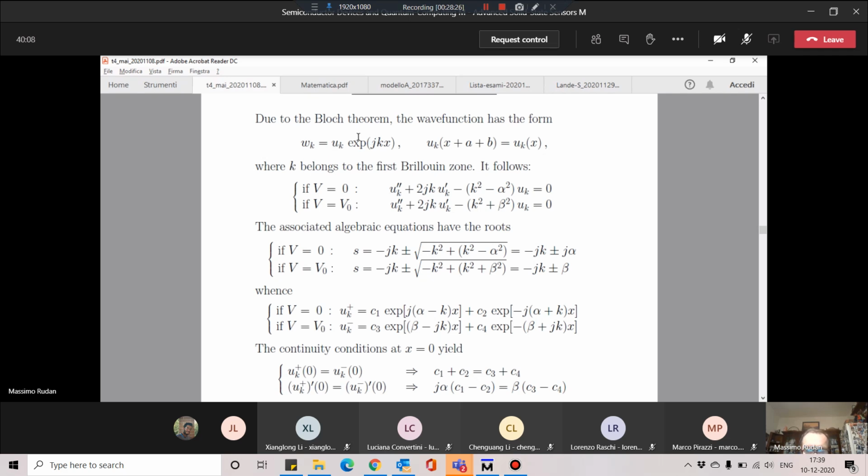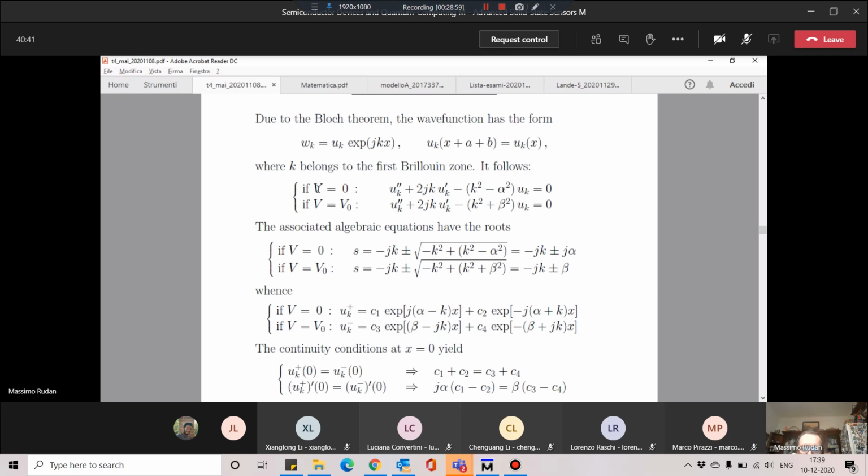Obviously, when we do so, we have a Schrödinger equation in which each term is multiplied by the exponential, so we can delete the exponential, and we obtain 2 equations for u. Instead of solving for w, we now have to solve for u, but they are still equations that you can see here.